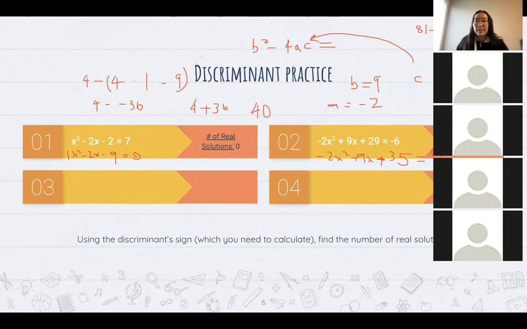Are you sure it's 180? 4 times 2 times 35. Oh, 280. Okay. Did you say 280 or 180? I said 280. Okay, sorry, I misheard then. Okay, so remember this is a -2, so it becomes positive. So it would be 81 minus -280. So it becomes just a positive 81 plus 280.